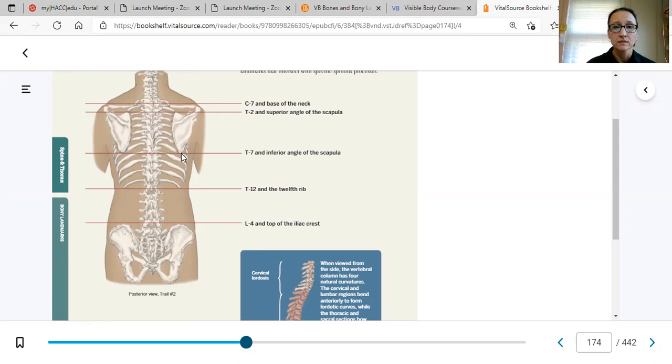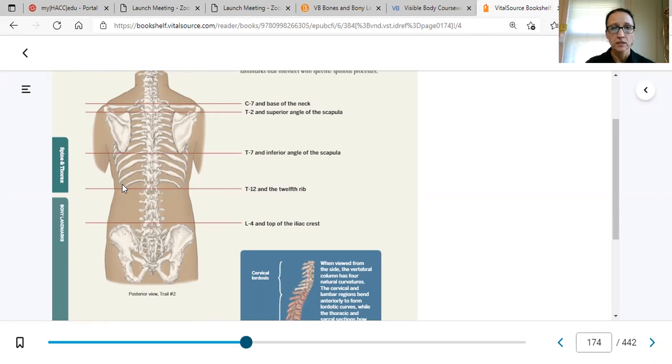T7 is going to line up with the inferior angles of the scapula, roughly. Again, in a perfect body, they would. Not every body is situated like this, okay? And of course, if you are imbalanced muscularly and one shoulder is elevated or one shoulder is depressed or something like that, that's going to throw this off.